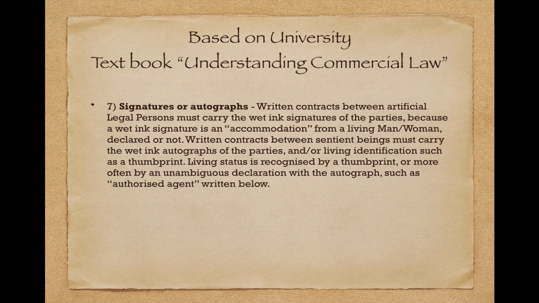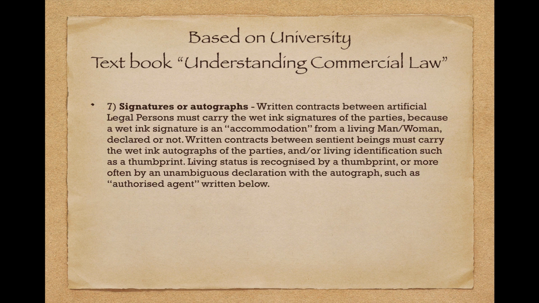Written contracts between sentient beings must carry the wet ink autographs of the parties and or living identification, such as a thumbprint. Now we're talking. Living status is recognized by thumbprint, or more often by an unambiguous declaration with the autograph, such as authorized agent, written below.